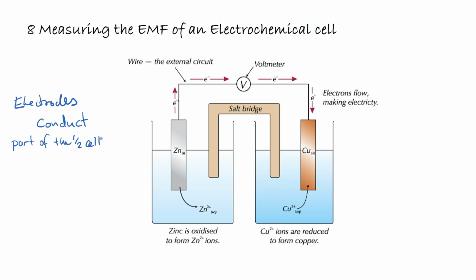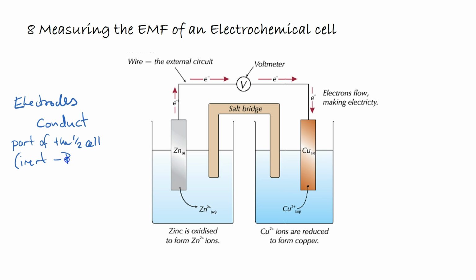So in this case, we've got zinc in a zinc solution and copper in a copper solution, which are both part of the half cell. Or, if we're not going to be part of the half cell, then we need an inert electrode.